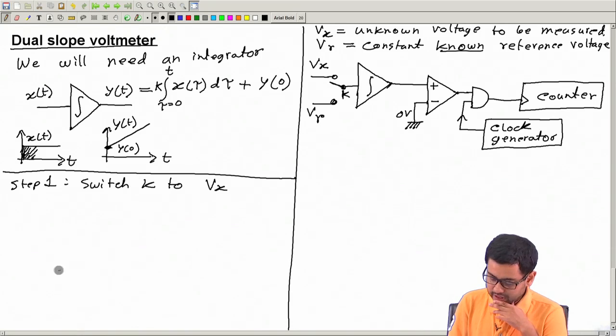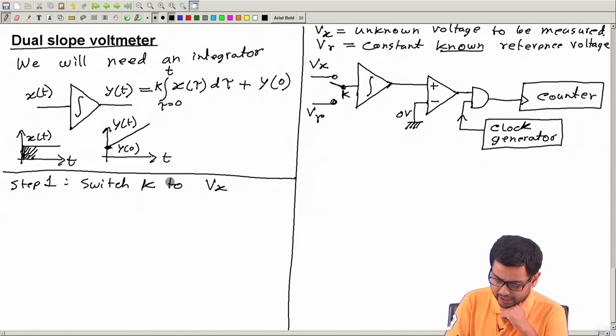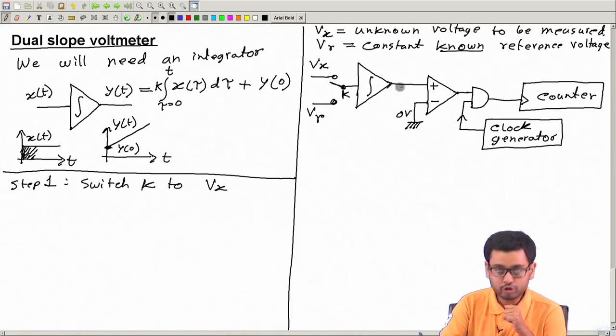Okay, switch K to Vx. So what will happen? Vx is a constant input. If I connect this here, then this output will start increasing.